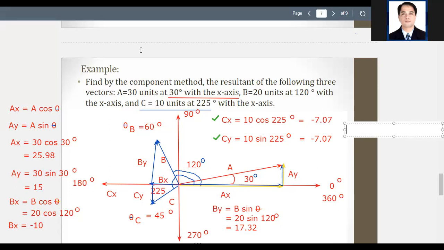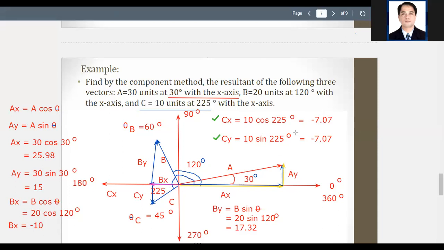Now, how did we know that they are both negative? Now they are both negative because we will see that our vector here. Look at our vector. So C sub X is the one that goes left. So if it goes left, usually the convention is that we give it a negative value.